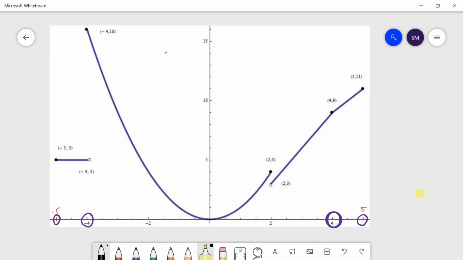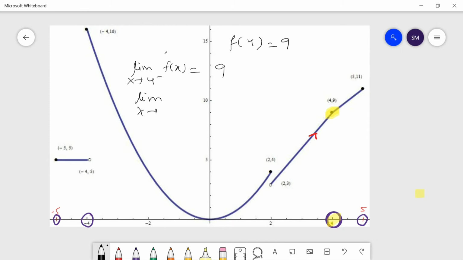Now we'll discuss at x equal 4. First, f of 4, which is equal to 9, and limit x tends to 4 minus f of x, which is equal to, so this side still goes to 9.